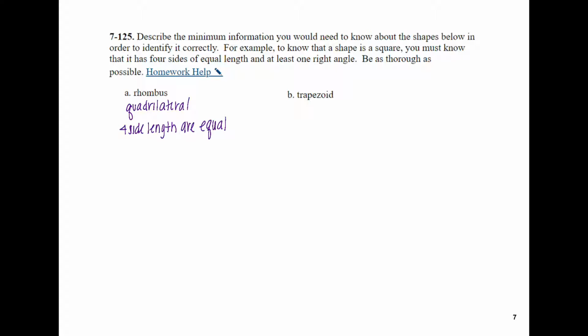And that would mean it must be a rhombus. In order for it to must be a trapezoid, we would also need to know that it is a quadrilateral and that we need one pair of opposite sides parallel.